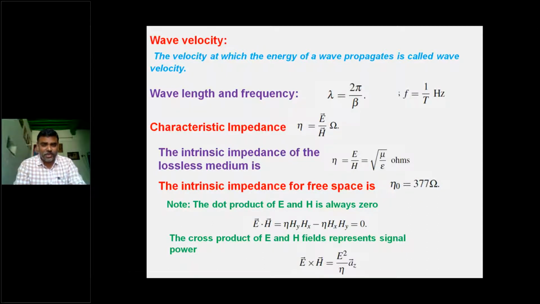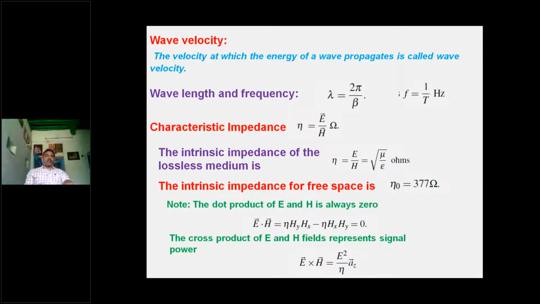Since for free space mu is mu naught and epsilon is epsilon naught, that root mu naught by epsilon naught value is 120 pi, or you can say 377 ohms. So the intrinsic impedance or the characteristic impedance for free space is given by 120 pi or 377 ohms.